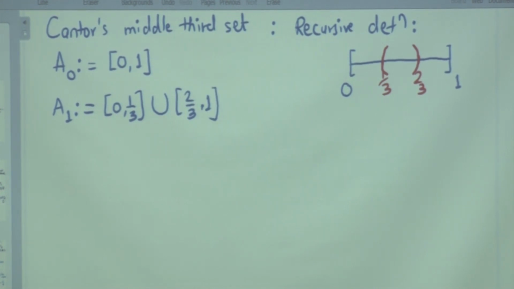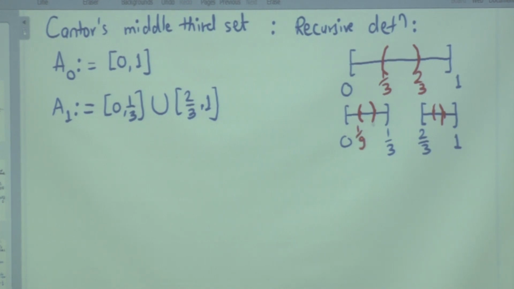Now let me draw it again. The middle part is not there, but once again I see intervals, in fact two intervals, [0,1/3] and [2/3,1], and I should cut out the middle portion of each of them. What are these numbers? 1/9, 2/9, 7/9, and 8/9.